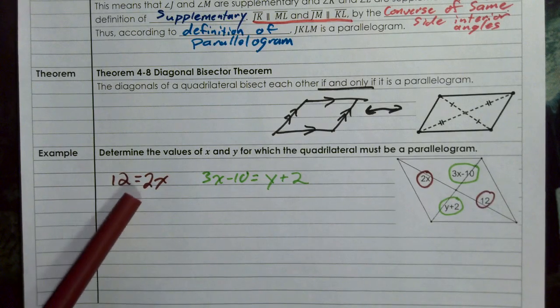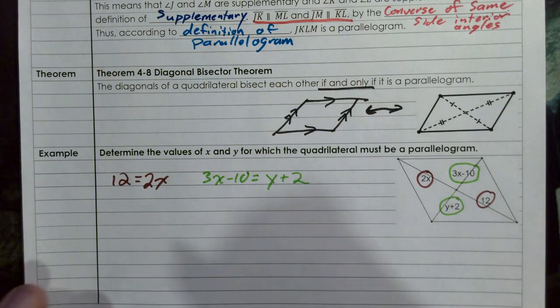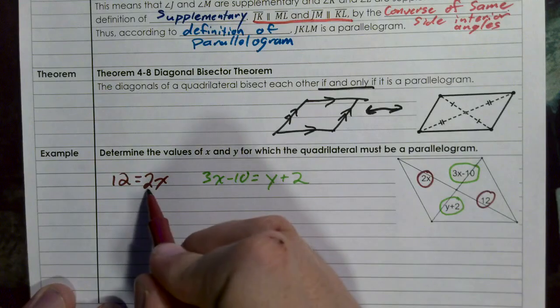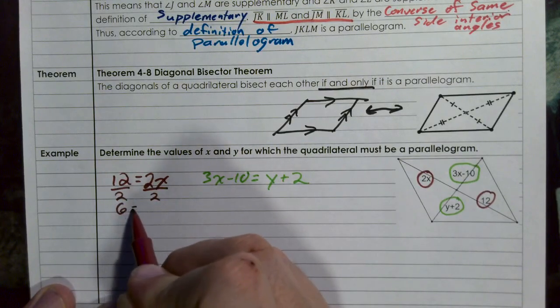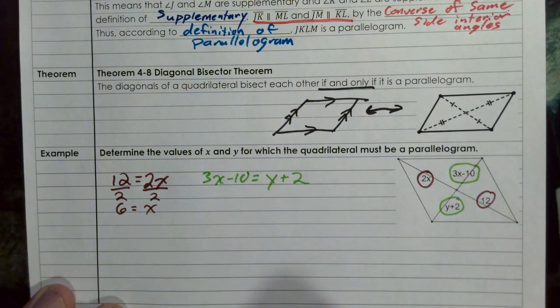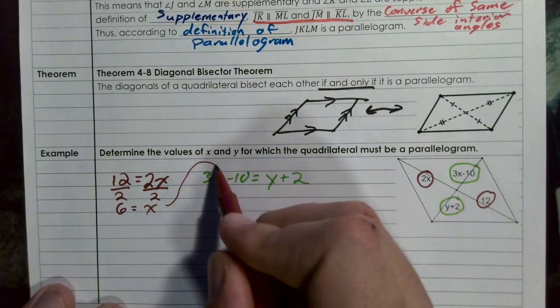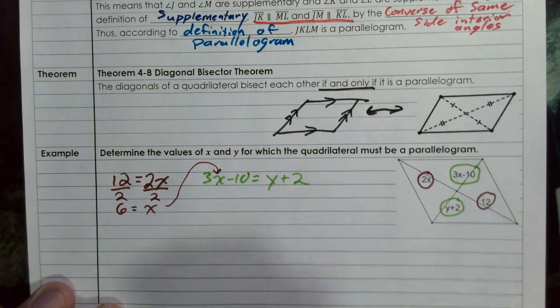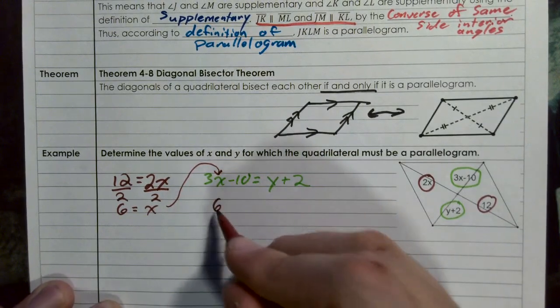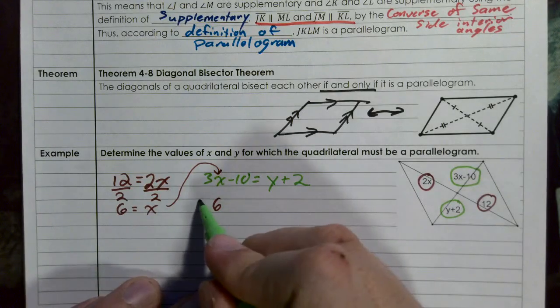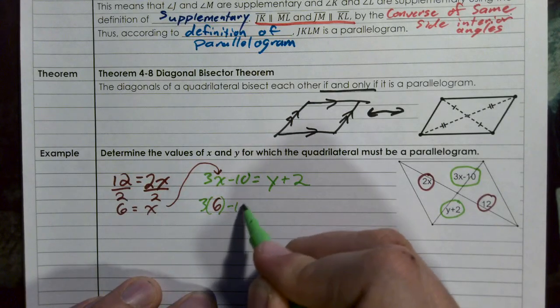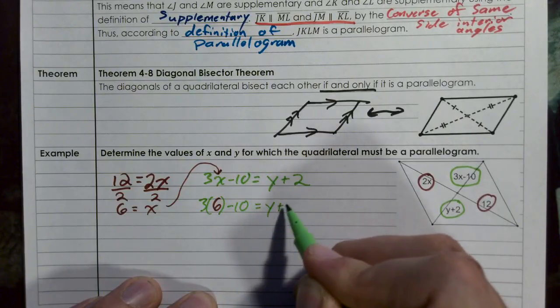I'm going to start over here with this one because that's going to be a little bit easier. I'm going to divide both sides by 2. So we get 6 equals x. Okay, great. So now we know what x is. I can plug that into here. So I've got 3 times 6 minus 10 equals y plus 2.